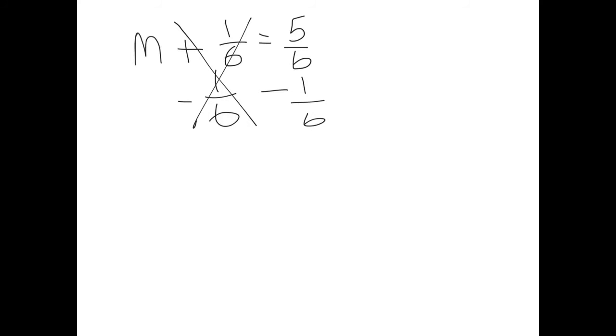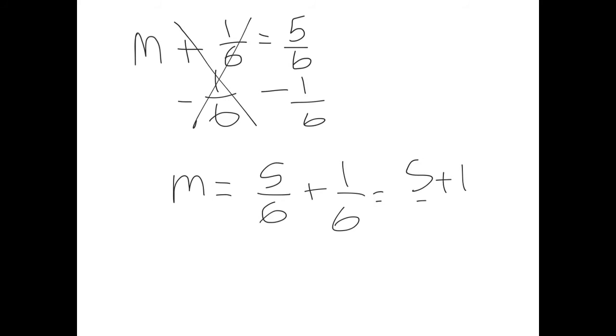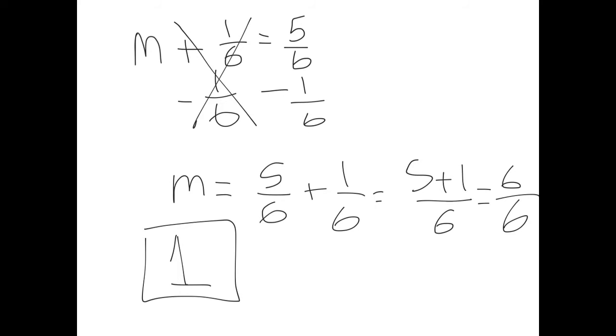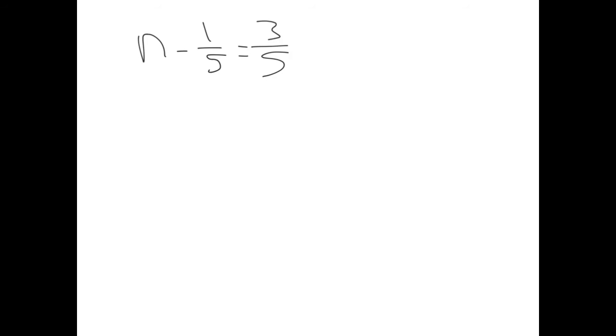Now, first we're going to do n equals 5/6, add 1/6, which equals 5 and 1 is the numerator, and 6 is the denominator. When we add, that's 6 over 6, which also equals 1. That's our answer.